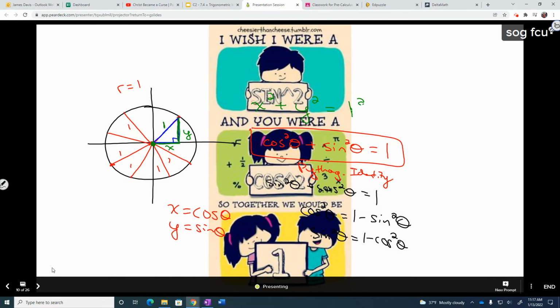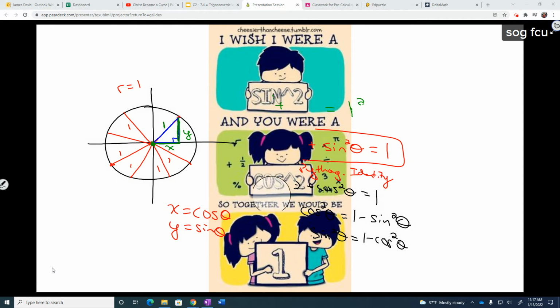Here's a joke that goes along with this Pythagorean identity. It says, I wish I were a sine squared and you were a cosine squared, so that together we would be 1. You get it? You could use this as a pickup line, you know, for a math geek.